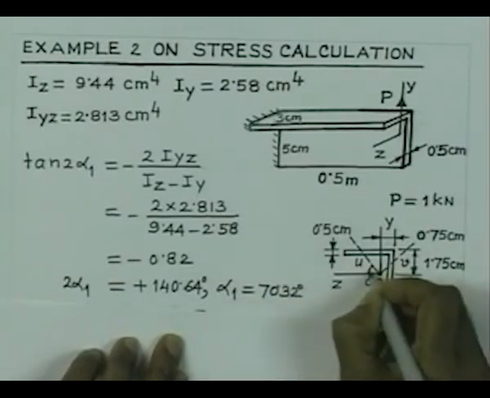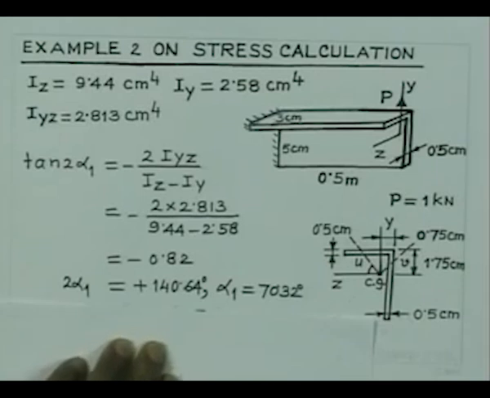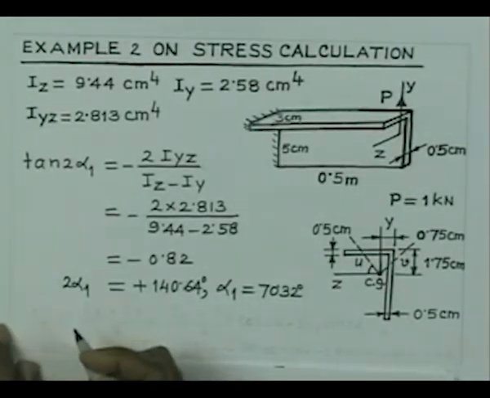So, therefore, this angle is 70.32 degree, and you can calculate this Iu and Iv.